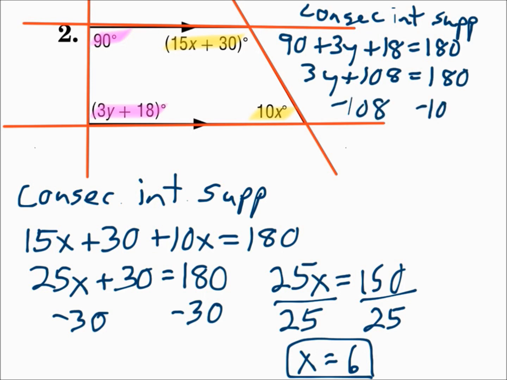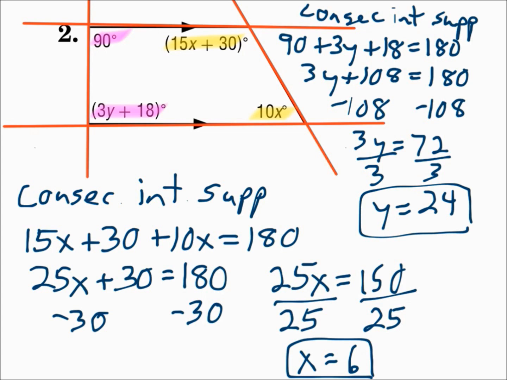Subtract 108 from each side, and divide by 3. Y is 24. So we had consecutive interior angles, which are supplementary, so their measures add up to equal 180. Determine the angle pair, and then either make them equal each other, or make them add up to 180.